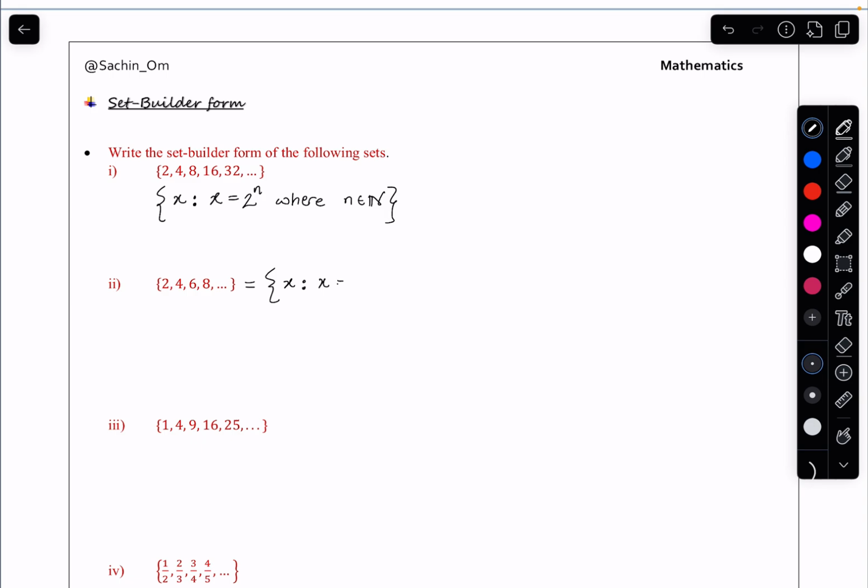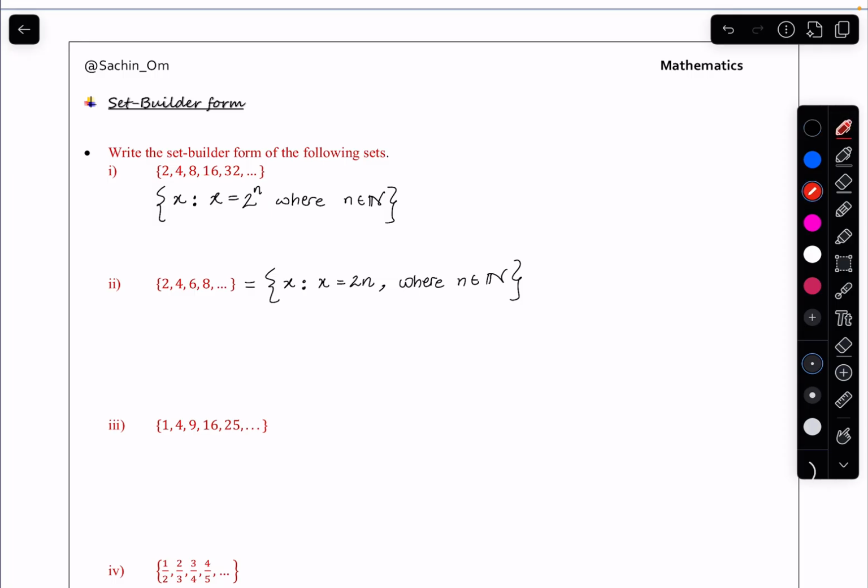Now multiples of 2 are written as 2n. Again I need to describe what this n is. Just like the last question, we have n is a natural number here. When I say n is a natural number, it means n can be anything inside this collection of natural numbers. This collection is infinite, the set is infinite.